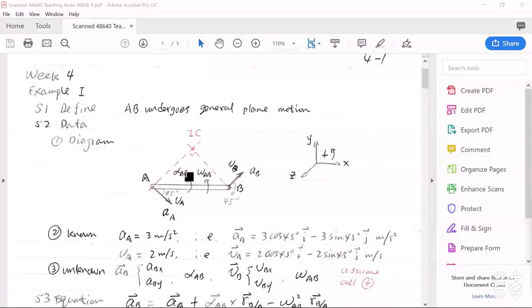For the angular velocity omega AB and angular acceleration alpha AB, we just assume they are counterclockwise positive. Why? Because here I established a very conventional coordinate system, and in this coordinate system I defined counterclockwise as my positive rotation direction.